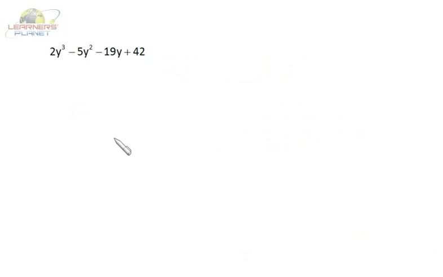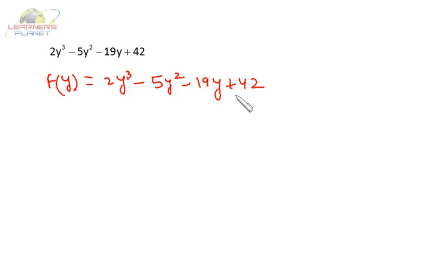Now let's see this question. Here the polynomial, let's assume it to be f of y. So f(y) is 2y cube minus 5y square minus 19y plus 42, and we have to factorize it. Now what is the first step?